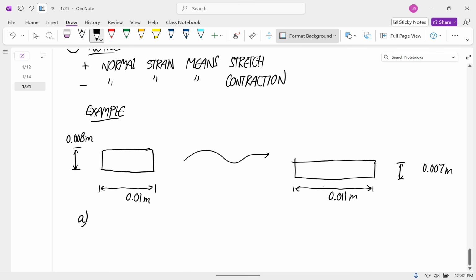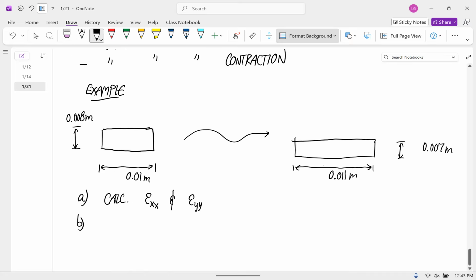We want to do two things. We want to calculate exx and eyy. And then we want to see if these are realistic values of strains for an engineering material in the operating range. So is this a realistic range of values?